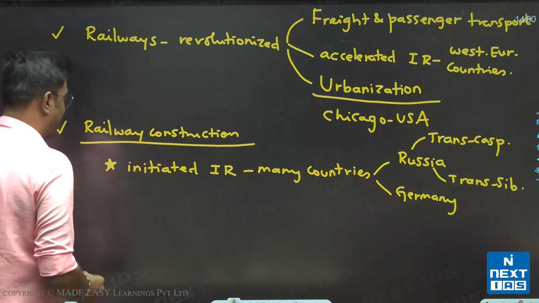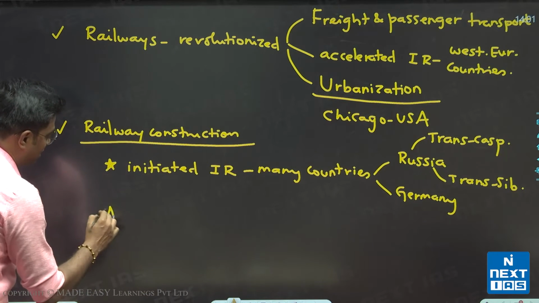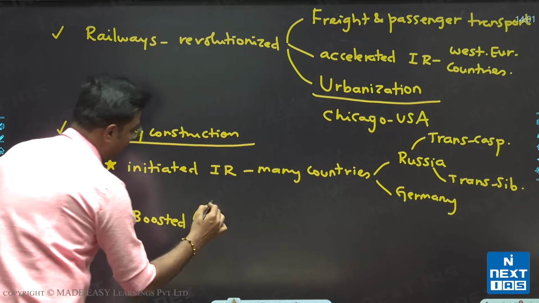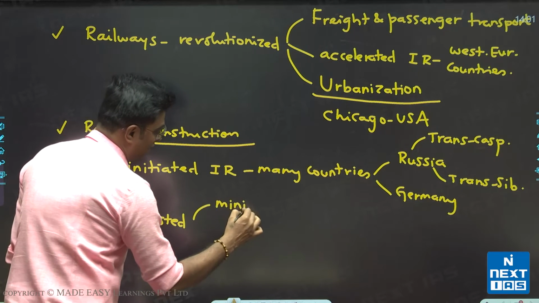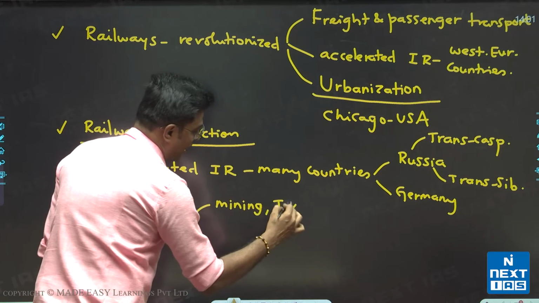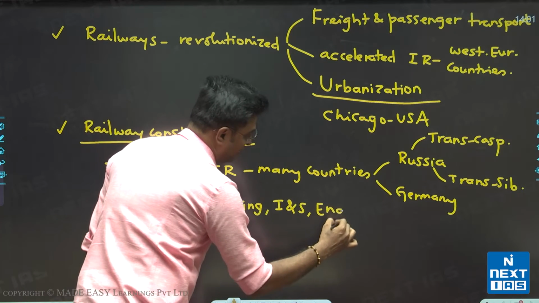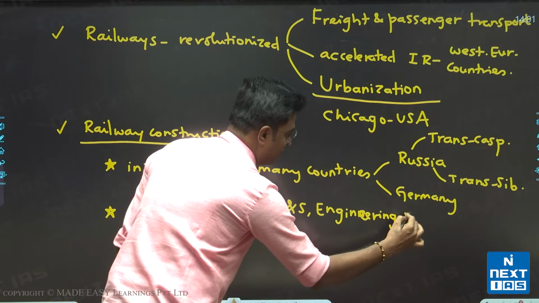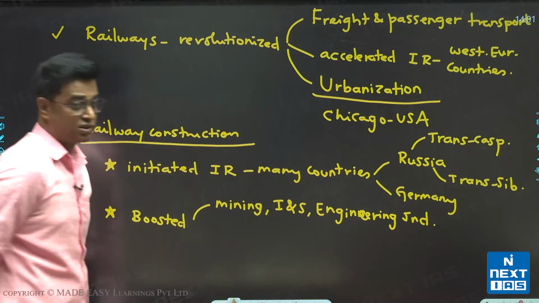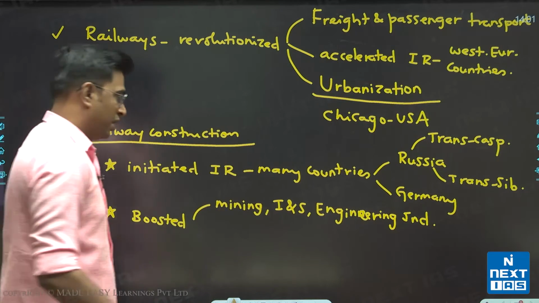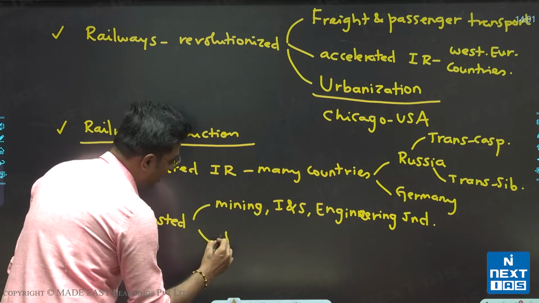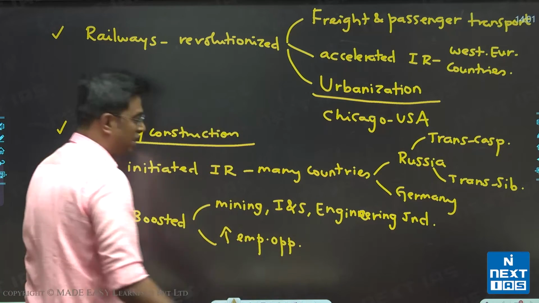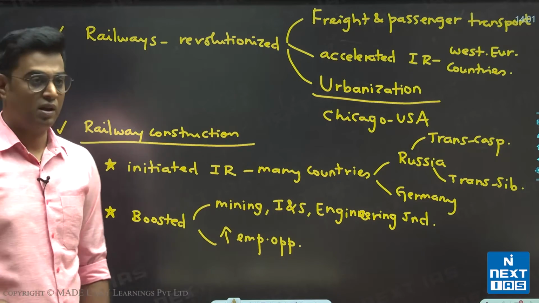We can also add that railway construction boosted various industries. For example, mining, iron and steel, engineering industries were boosted due to railway construction. This led to increased employment opportunities in such sectors.